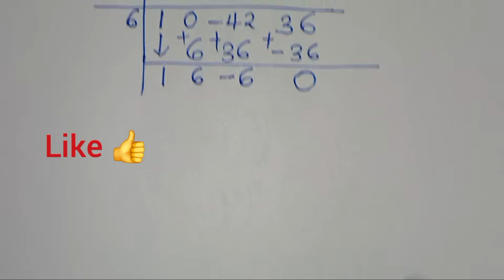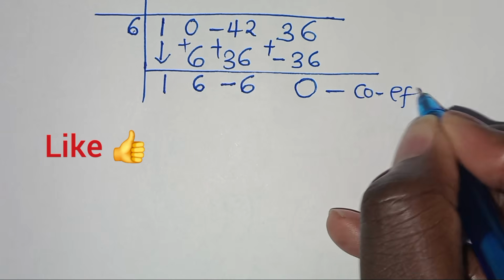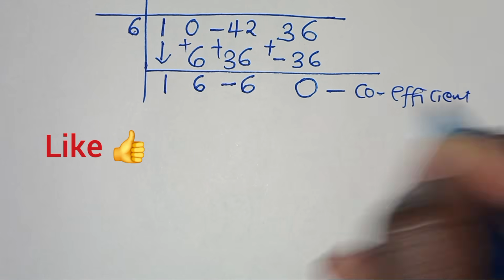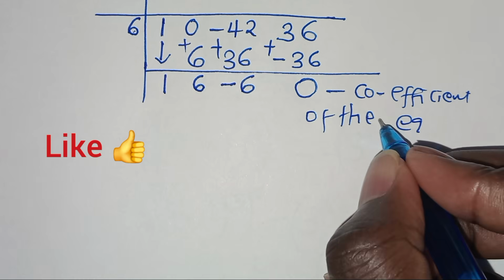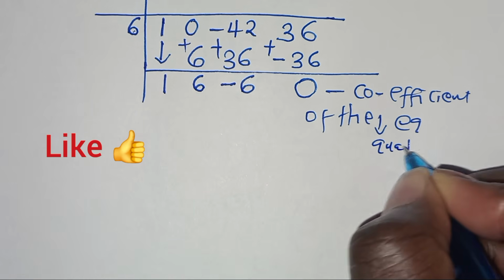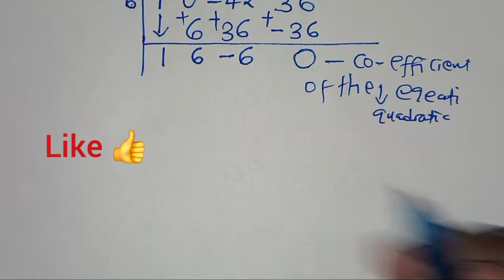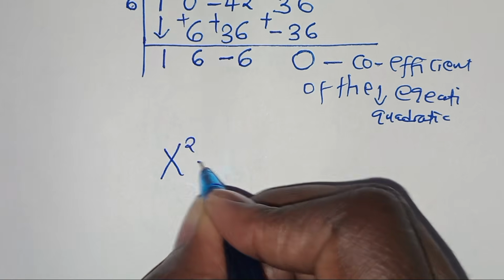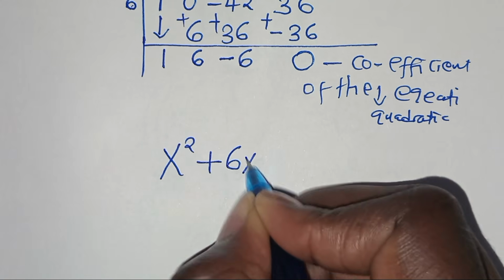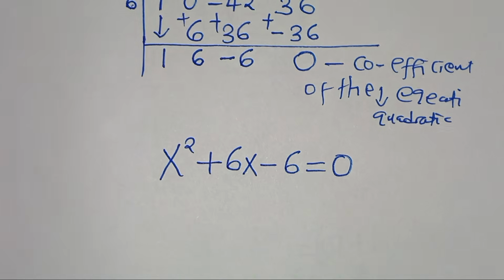So we find that these are the coefficients of the quadratic equation. So from what we have here, we have x squared plus 6x minus 6, this is equal to 0.